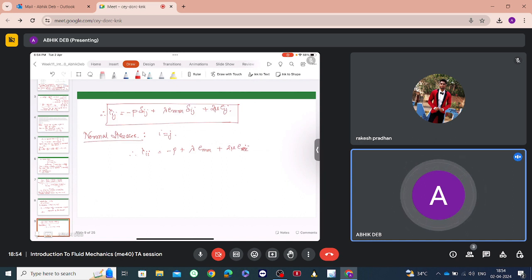And eii and emm are the same thing, right? So this is equal to minus p plus 2 mu plus lambda eii. This p is the thermodynamic pressure. We take it to this side. So p is equal to minus tau ii plus twice mu plus lambda eii.